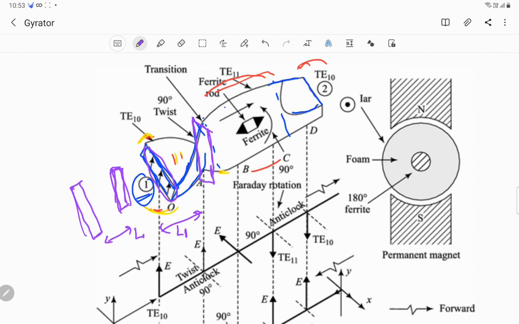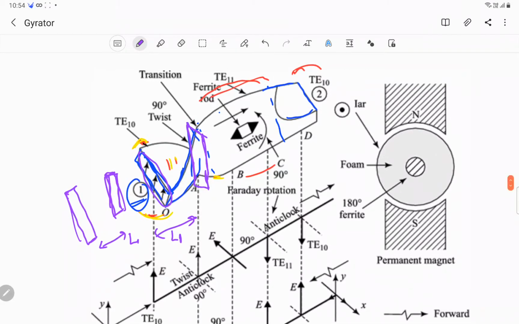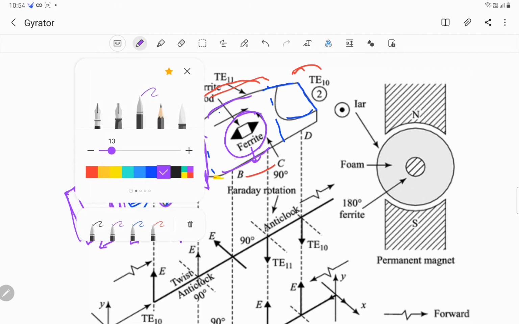So what happens because of this, we'll understand when we discuss the working principle of this gyrator. But before that, we need to discuss a few things about the construction. In the middle portion, in the circular waveguide portion, we have a ferrite rod as is shown. The ferrite rod is tapered at both ends. I'll show you the tapering.